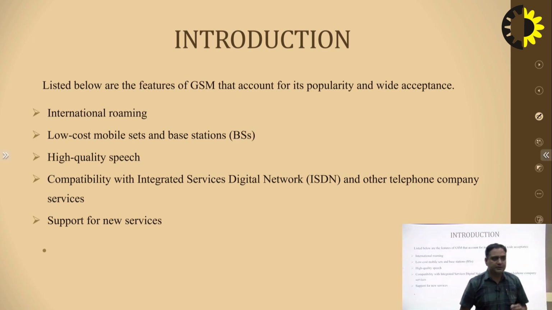If any person is moving from one circle to another circle, roaming is to be initiated. For example, if a person is moving from UP East to UP West, then roaming is to be implemented, same as for a different country. That's why it is mentioned as international roaming.